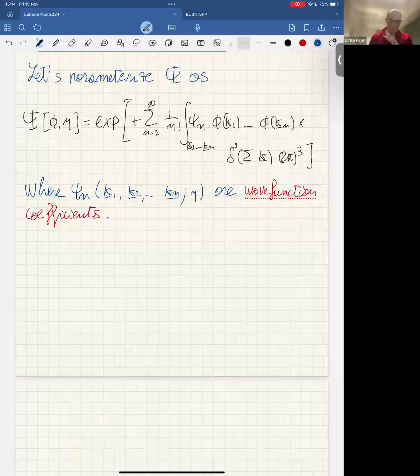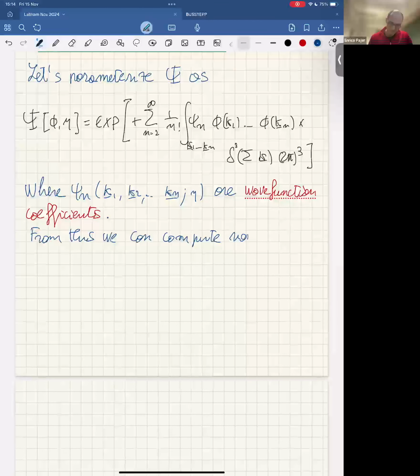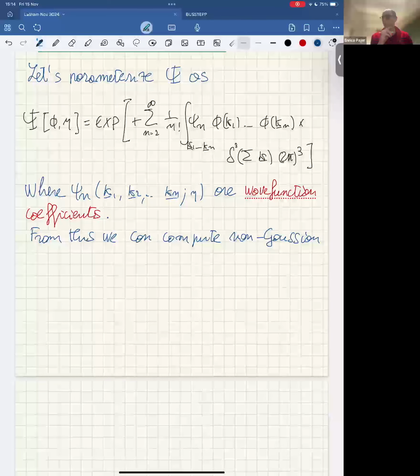Okay, given this, we can compute also non-Gaussian correlators. So if you have an interacting theory, then the wave function is going to be not Gaussian, but you can still use exactly the same formula to compute correlators.